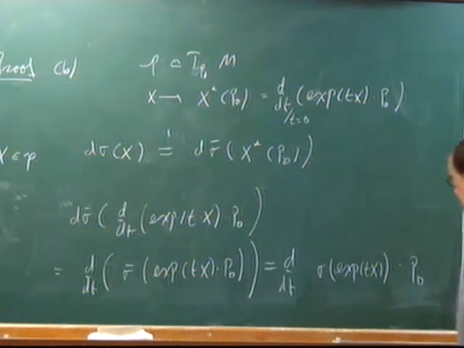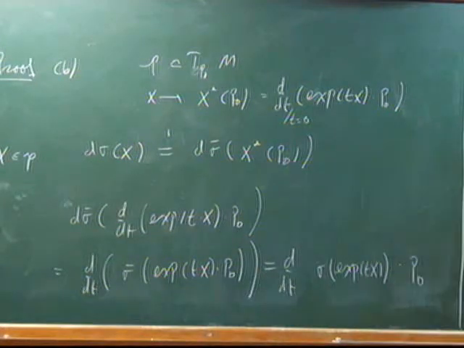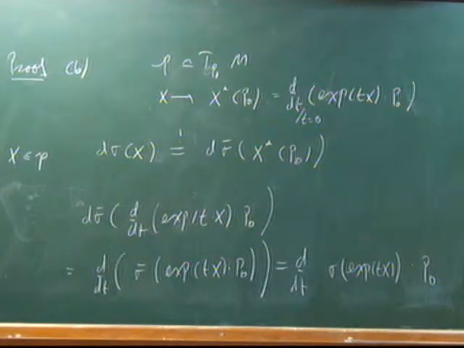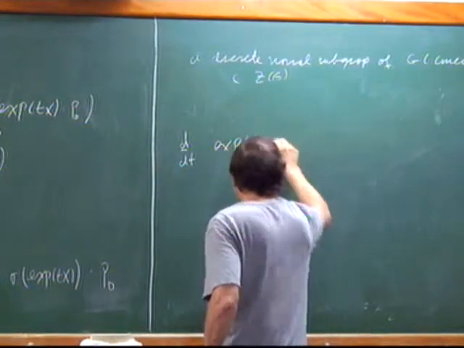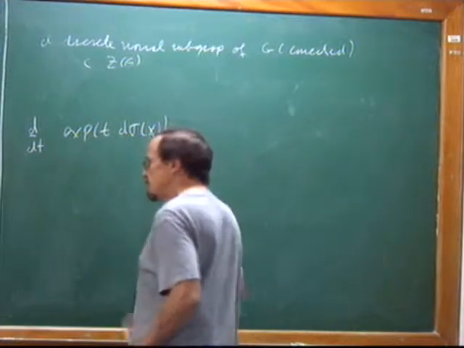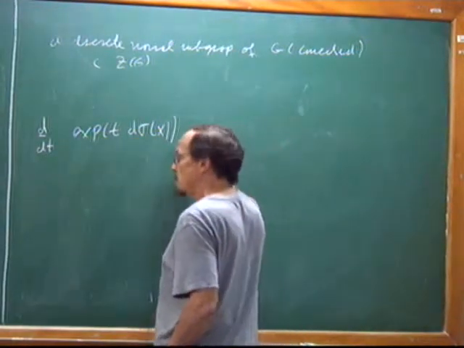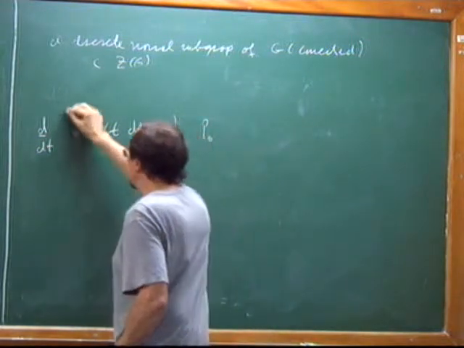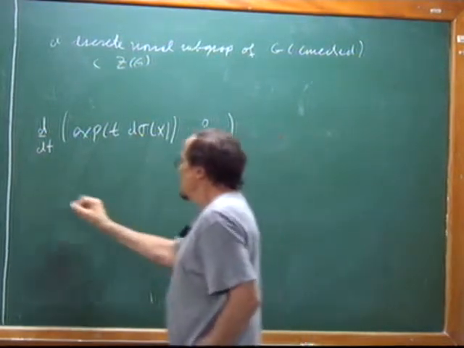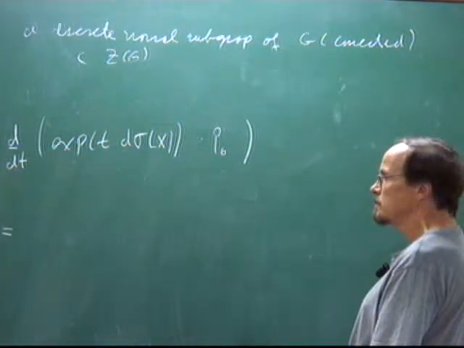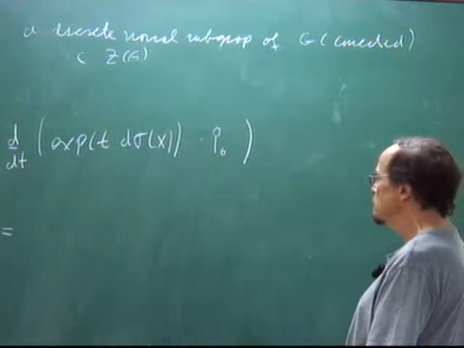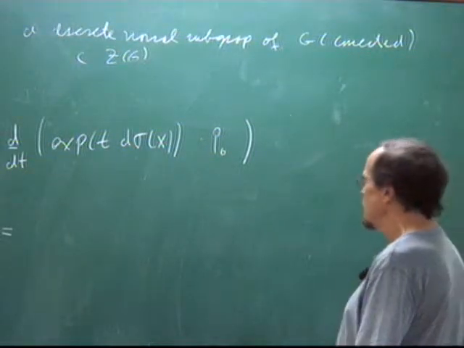That's now in the group. And now I can use our properties of automorphism. That's the same thing as exp(t d sigma applied to x). And automorphism is compatible with the exponential. And this becomes, what?